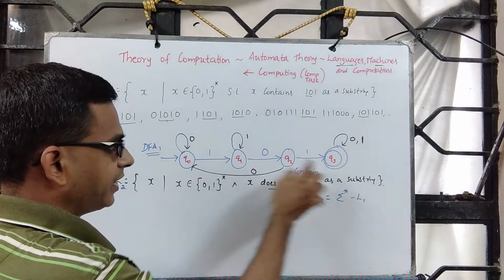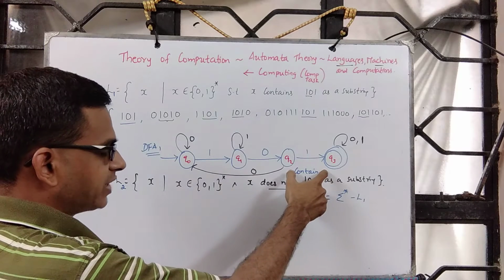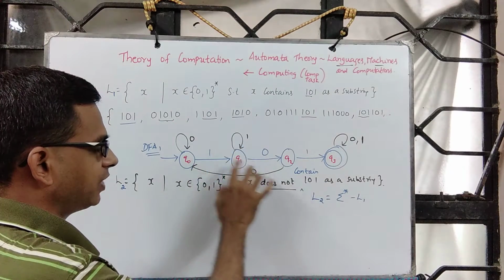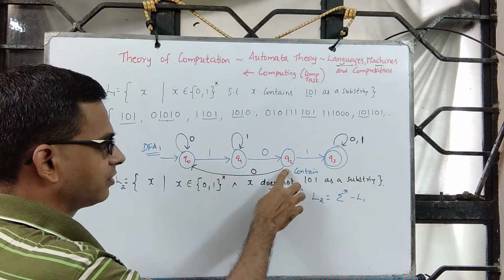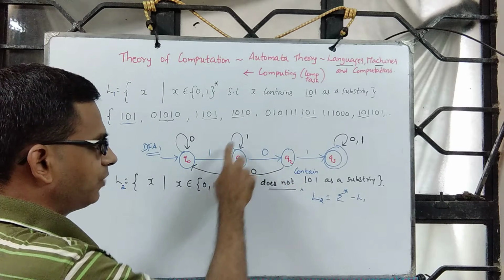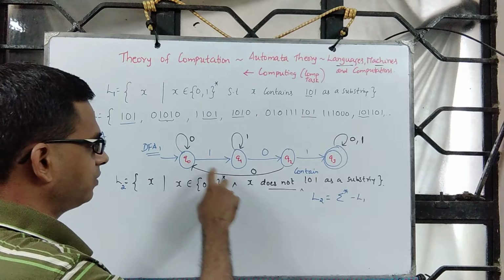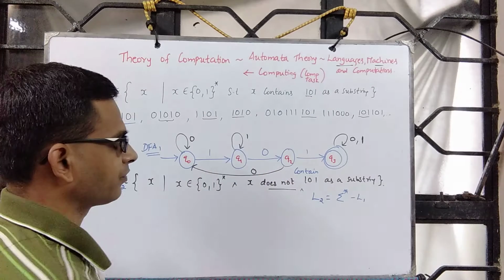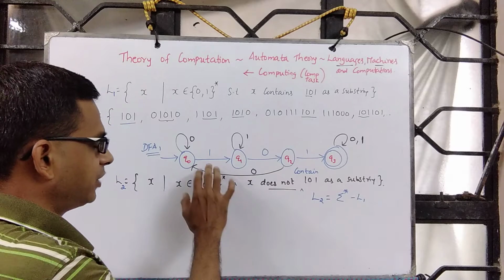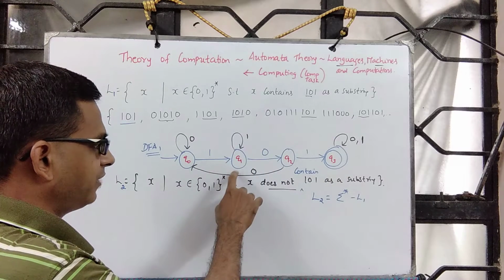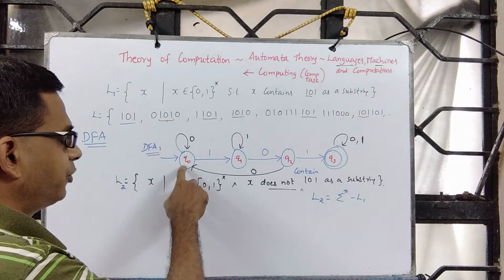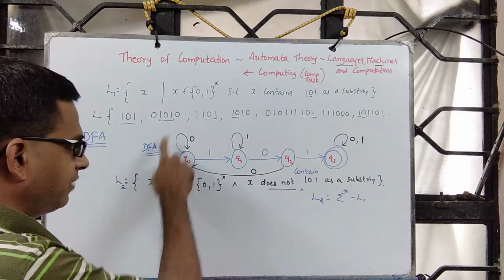So after scanning x, suppose I am at Q2, the input is like 11110, then we are here. Or the input is like 11100 followed by 10, we will still be at Q2. Or if the input is completely 1, then we will be here. And if the input is just 0, then we will be at Q0.